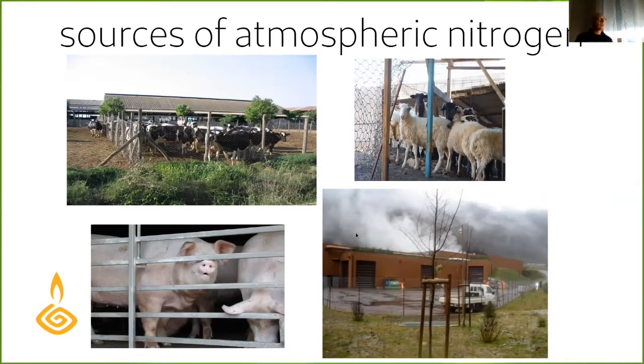This is a huge source of ammonia in the air. Ammonia in time transforms into ammonium. Ammonium can cause eutrophication of the bark, and this changes dramatically the composition of lichen species, the lichen assemblages on the trunk.